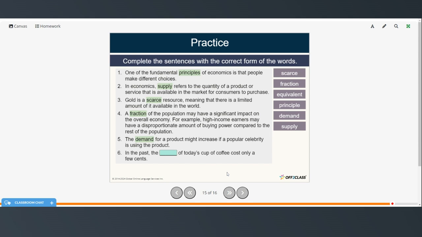And in the past, let's see, which one have we not used? The equivalent of today's cup of coffee cost only a few cents.